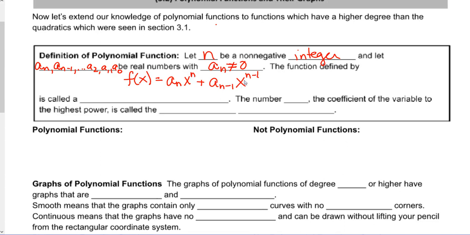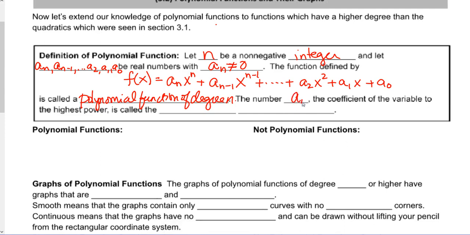So if this is a cube, this would be a square, then we would have a first, etc. And we continue on until I get a sub 2 x squared plus a sub 1 x, with a power of 1 that I'm not going to write, and a sub 0, which is our constant number. And this is what we call a polynomial function of degree n.